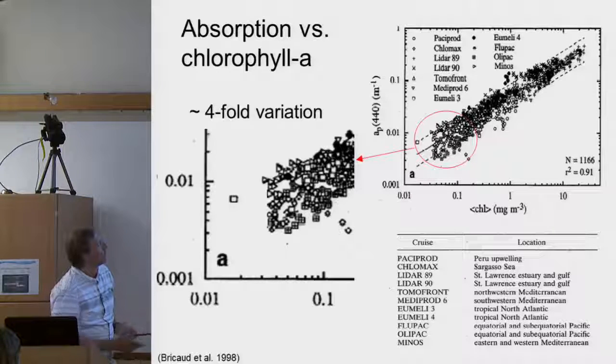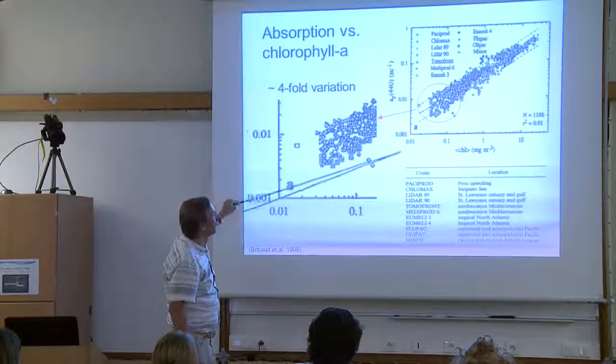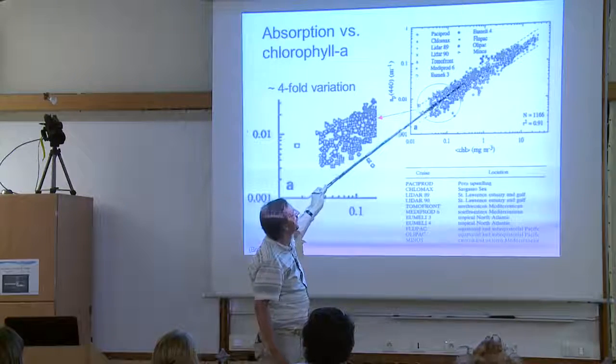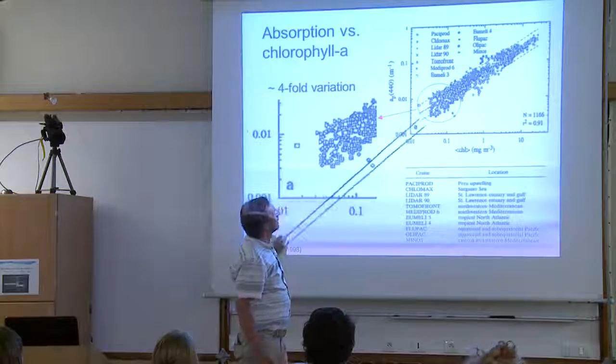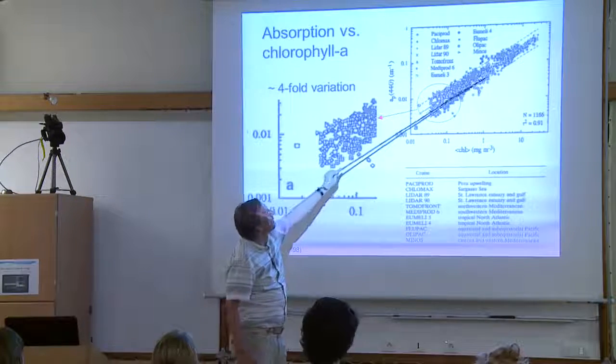For case 1 waters, one would expect relatively good correlation between some optical properties and chlorophyll concentration. And indeed, the correlation coefficient is pretty high if you collect a lot of data over a broad range of chlorophyll concentrations.